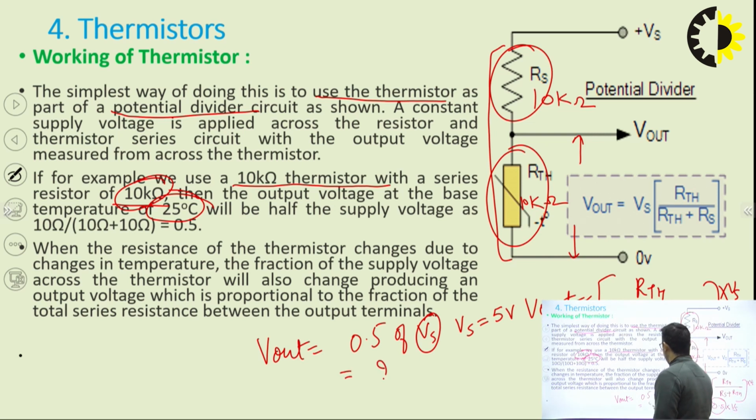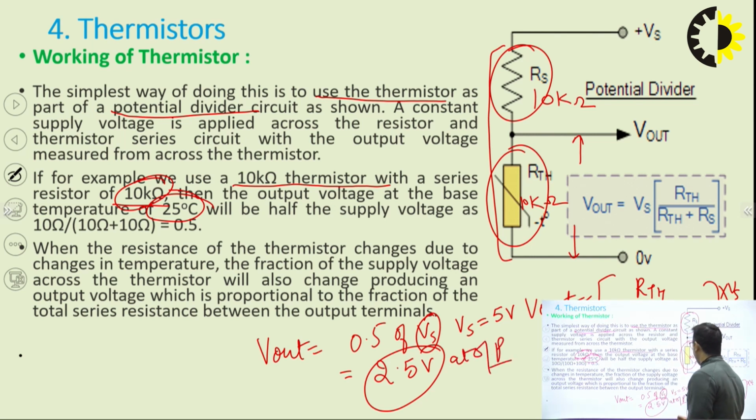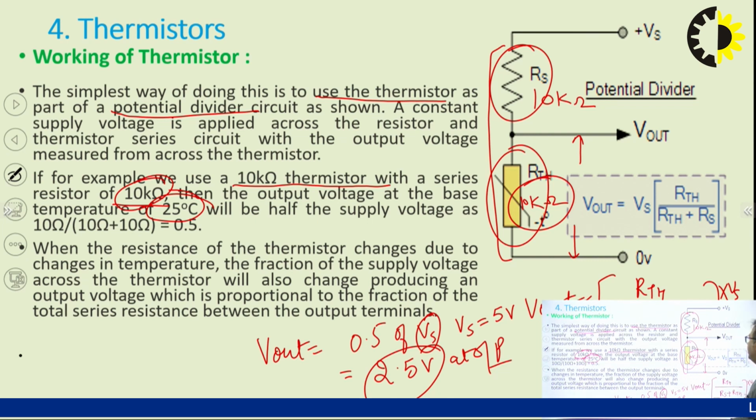So we shall get 2.5 volt at output. Okay, and this is taken at room temperature. If temperature further rises, obviously this resistance will change. Again put this resistance in this formula and we shall get the Vout in this manner.